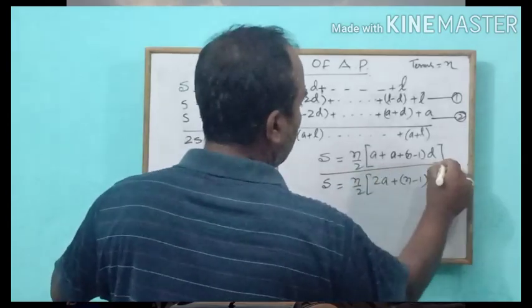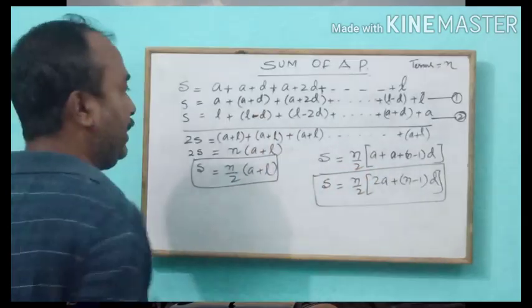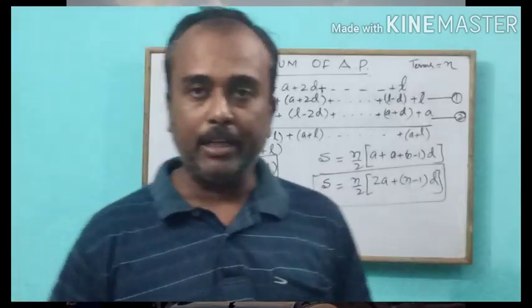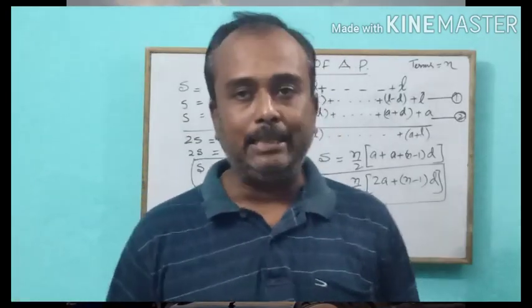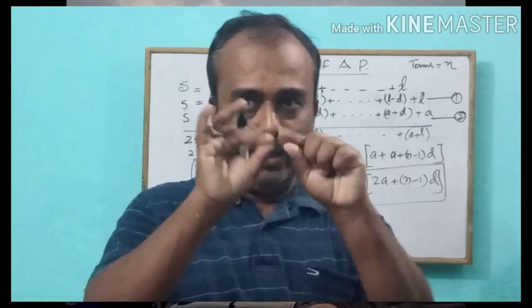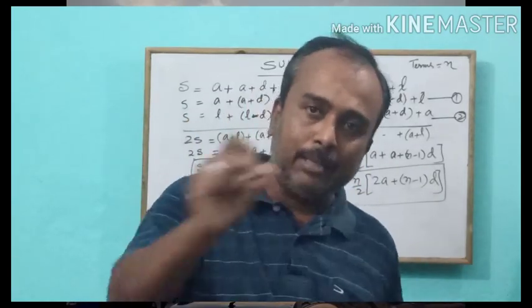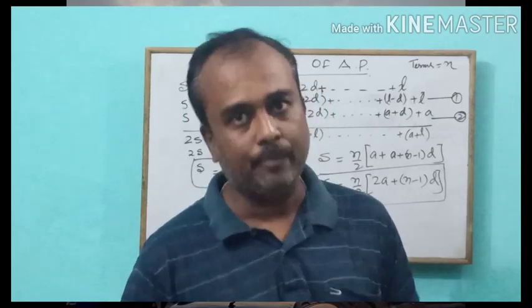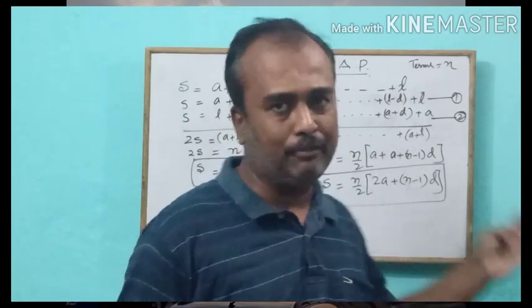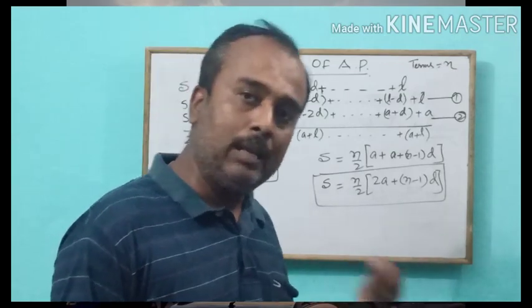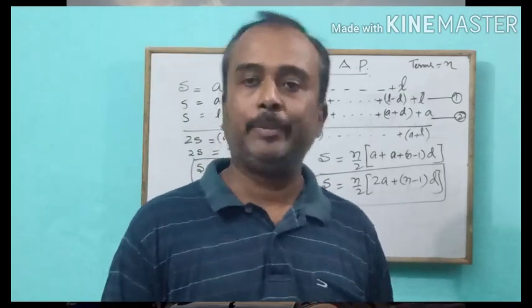Both the formulas could be used to find the sum of an arithmetic progression or arithmetic series. An arithmetic series is when we write with the addition sign, and if only numbers are written, that is an arithmetic progression. Now we shall see some examples, then the formula will be clear, how it is applied to find the sum of a given arithmetic progression.